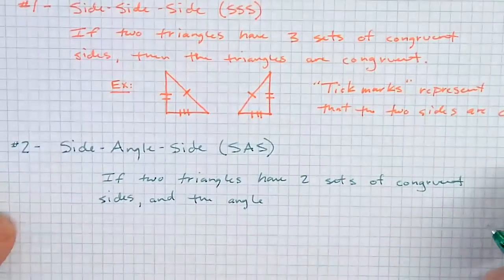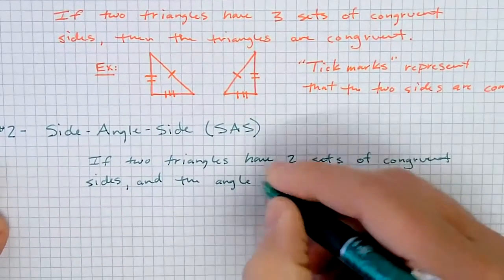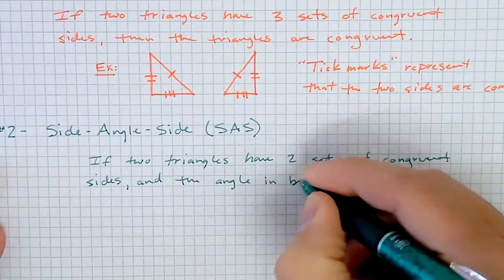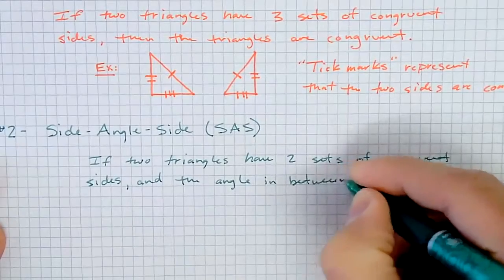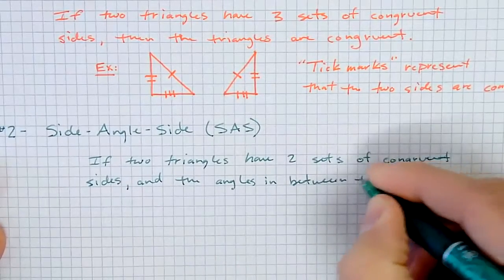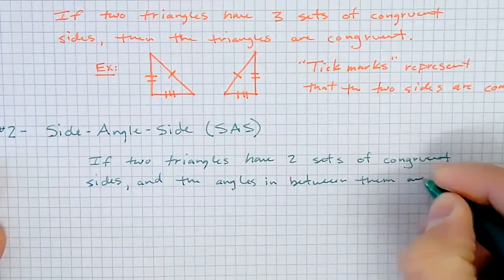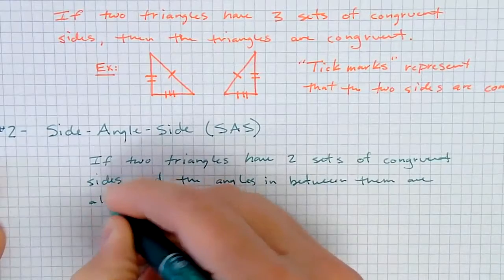And what that means is you have two sets of congruent sides and the angle in between them are also congruent.